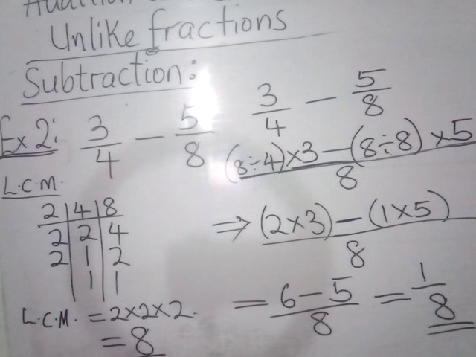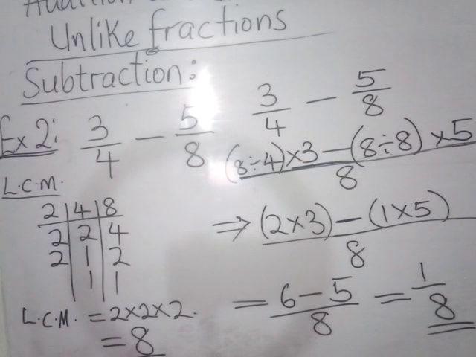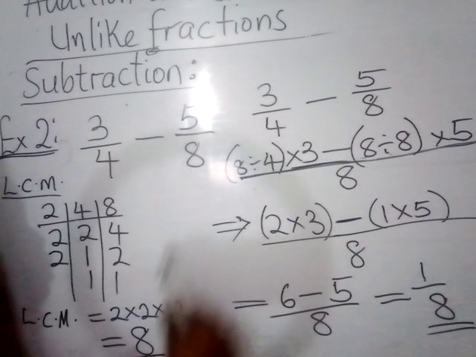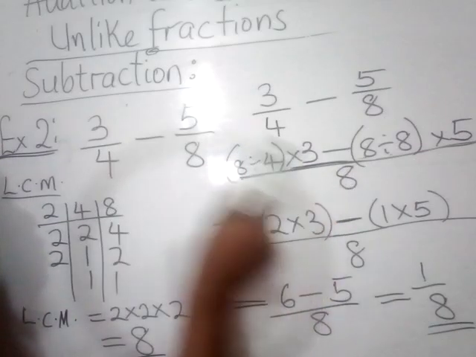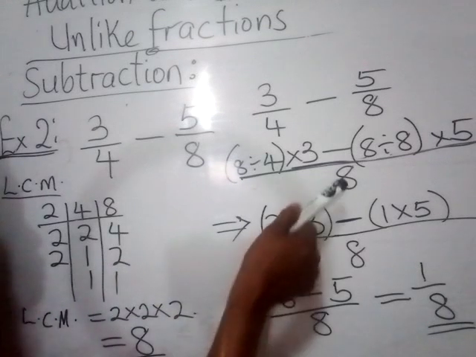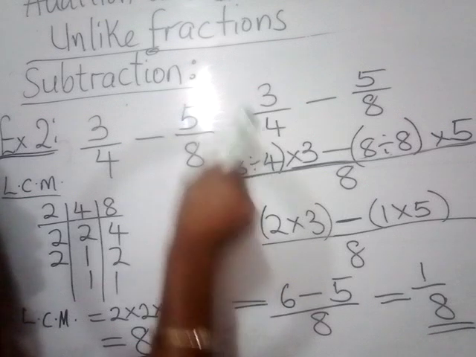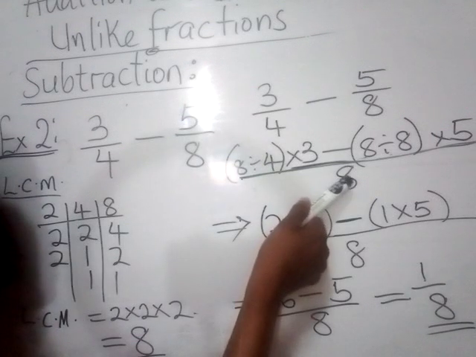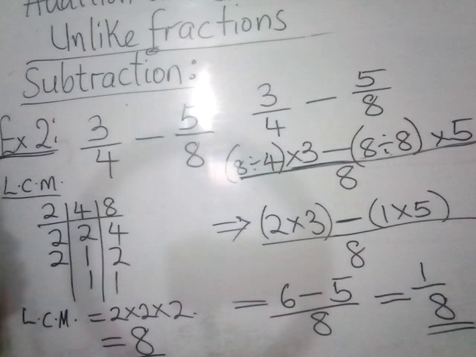Actually, the only thing you need to do here is try to find the LCM. And after you find the LCM, which will now become the new denominator for the two fractions, you divide the new denominator by the old denominator and multiply it by the numerator, the number on top.